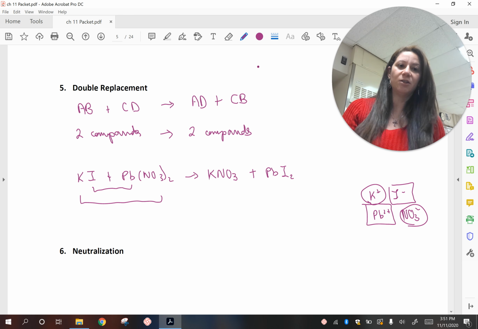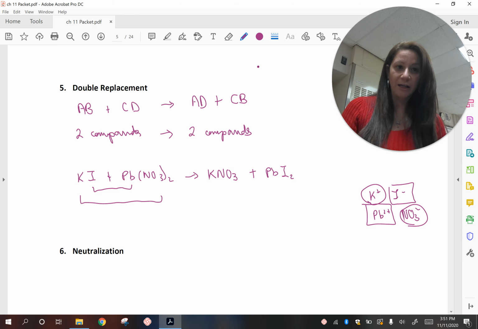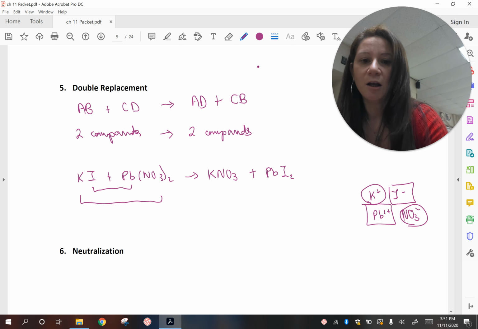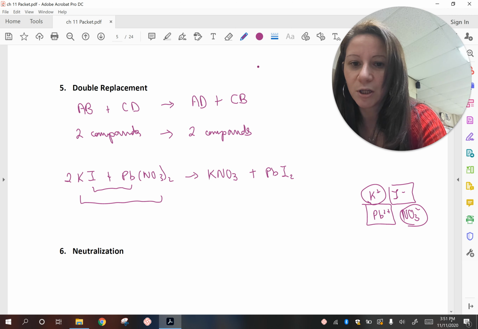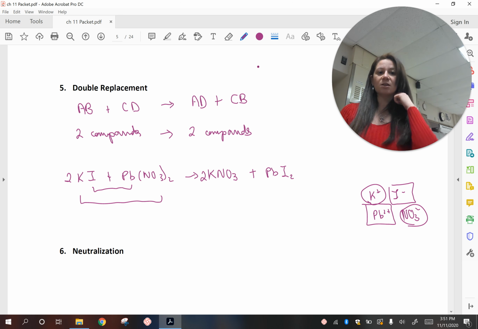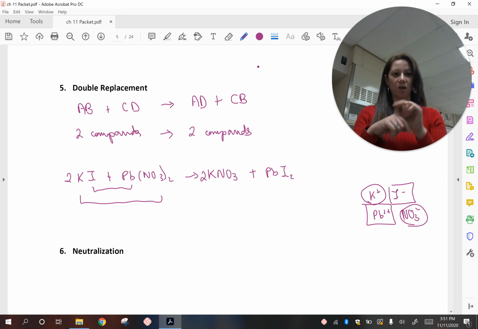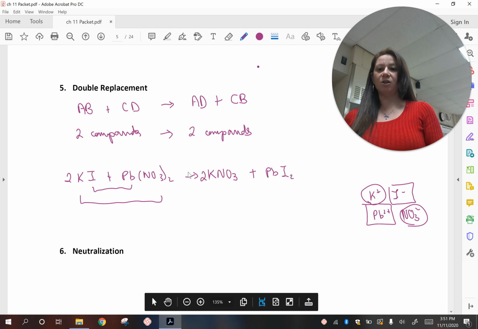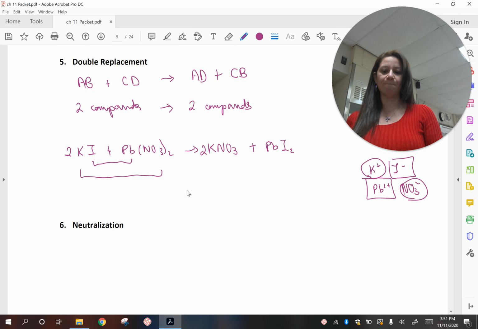And it's actually PbI2, lead 2 iodide, that is yellow in color and it precipitates. Let's balance it. So we need 2 here and 2 there. So with double replacement, you have 2 things kind of switching partners. And to know that it's a double replacement reaction, you're going to start with 2 compounds. You'll see 2 compounds in your reactants.